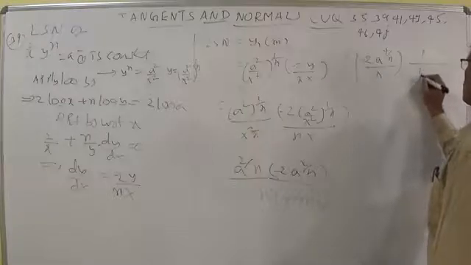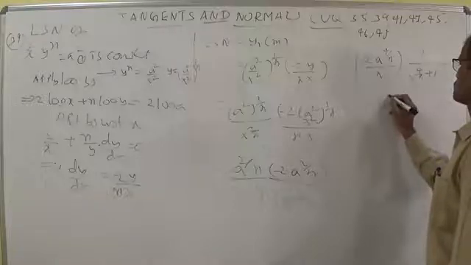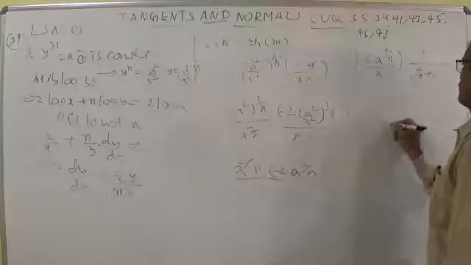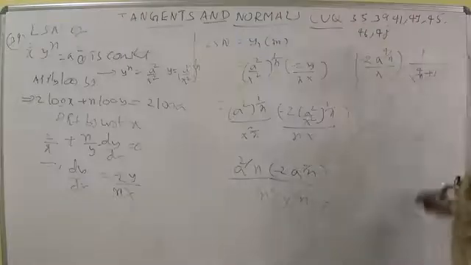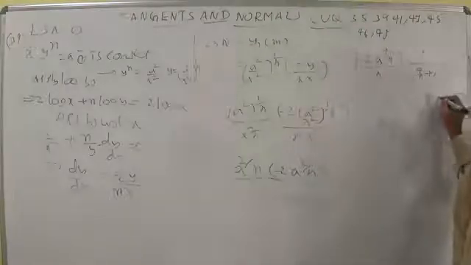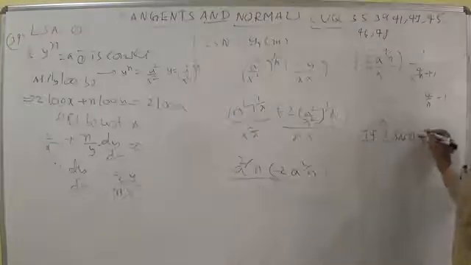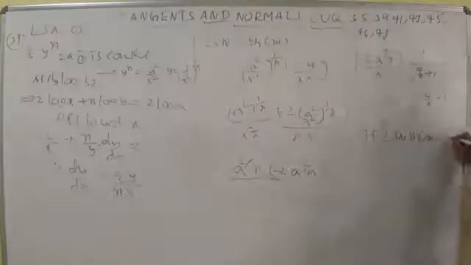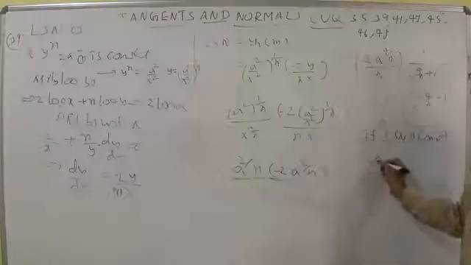So here you can write x power 4 by n plus 1, and that is equal to minus 2 a power 4 by n whole by n into, taken this side, taken upside it becomes x power minus 4 by n minus 1. If the length is constant, whenever he given as it is a constant, this x power should be 0.